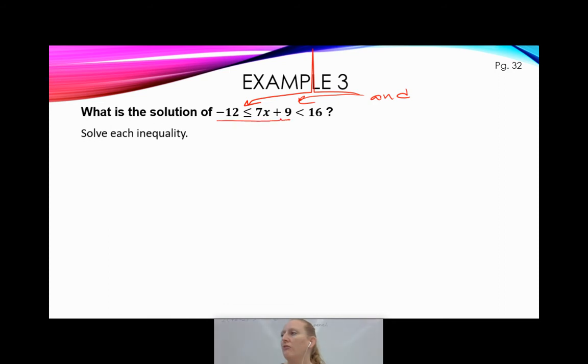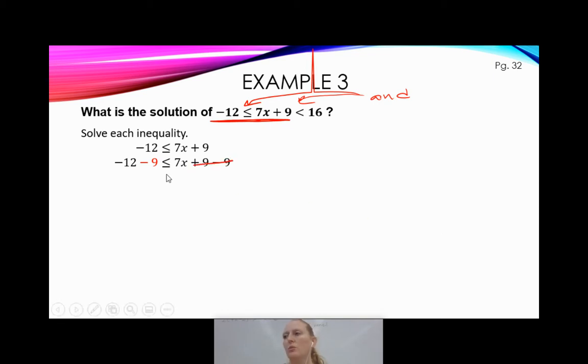So let's solve the first one, which is this side. Negative 12 is less than or equal to 7x plus 9. That looks to me like I need to get my x alone. I should subtract the 9. I'm going to go ahead and subtract 9 on both sides to make those cancel out.